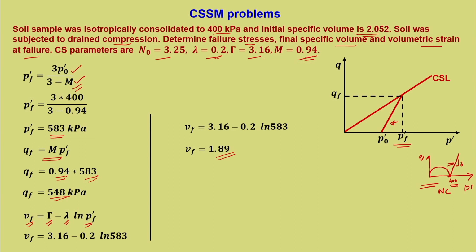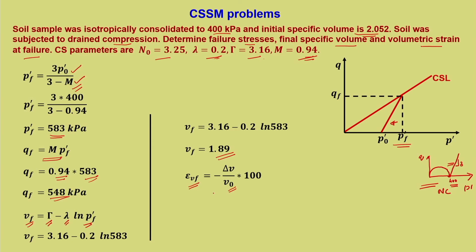Now, what is the volumetric strain at failure? At failure, the volumetric strain epsilon Vf is equal to minus of delta V upon V naught. So, what is this? Change in specific volume upon initial specific volume. Initial specific volume is given, 2.052. Delta V can be determined because the final one is known.